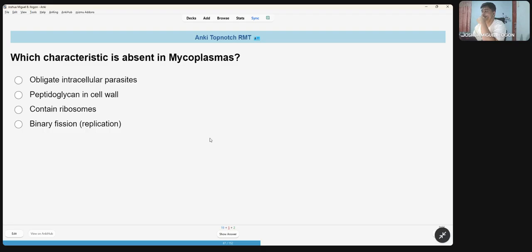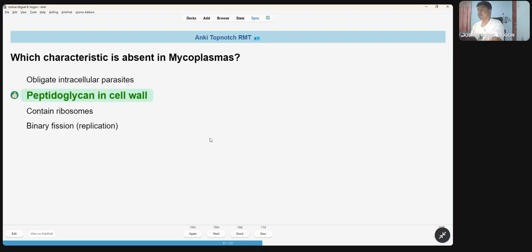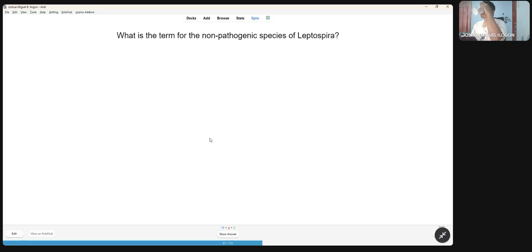Peptidoglycan. Premature reticulate bodies, the infectious.